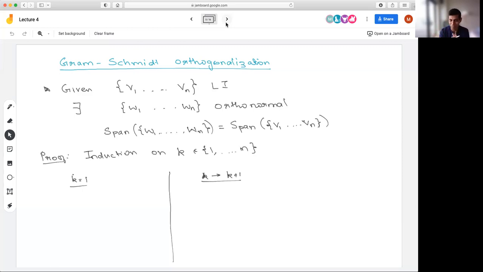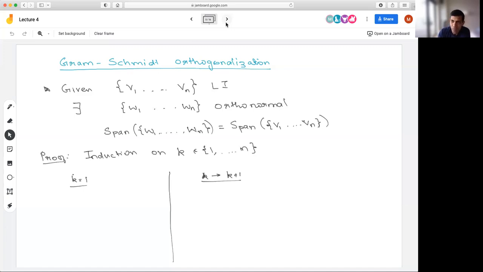So in some sense they produce the same information, or their linear combinations specifically will produce all the same vectors. So you can convert this linearly independent set into an orthonormal set, which gives you the same information and is sometimes nicer to work with, as we will see. Any questions about the statement?